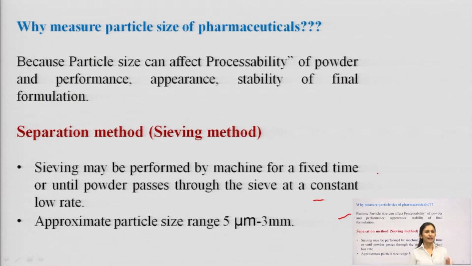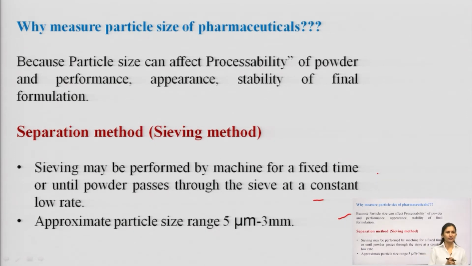So, particle size determination also has two methods: the number distribution method and the second one is the weight distribution method. One way to analyze the particles by the weight distribution method is the sieving method, and the sieving method is also known as the separation method. Now, what is the sieving method?